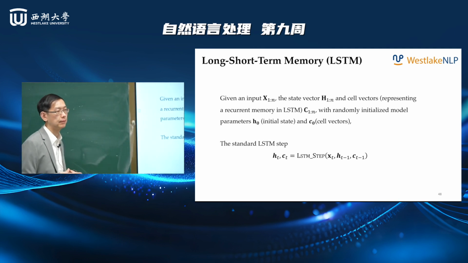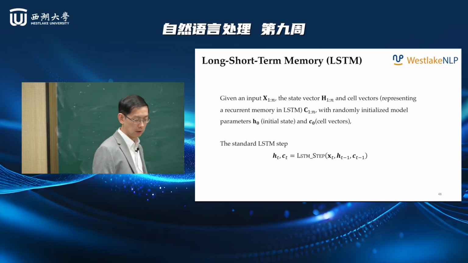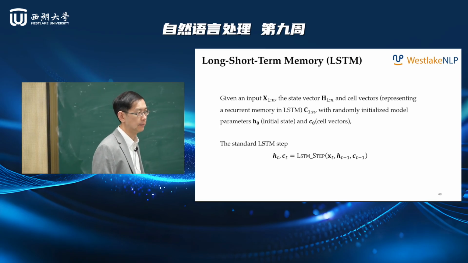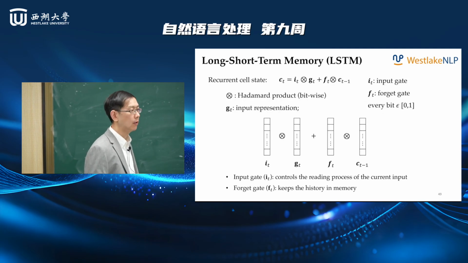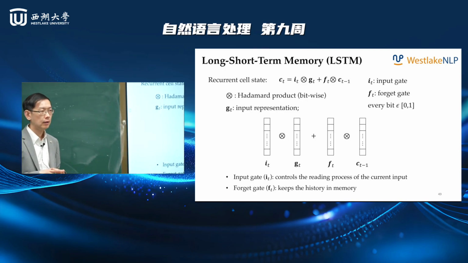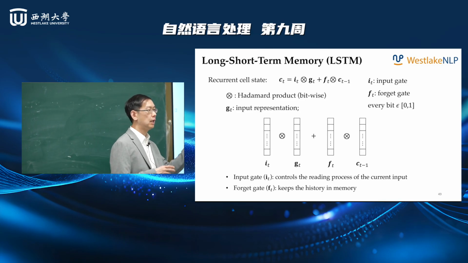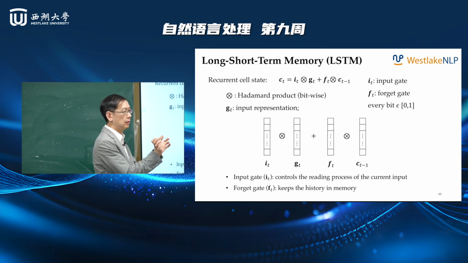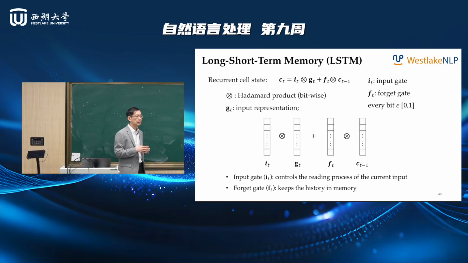Okay, both H and C. And as I talked about earlier, the recurrent state is on C, not on H. H is computed from C. The recurrent step uses gates, and I draw you a picture here, okay? It's not a simple composition of c_{t-1} and x_t with a single neuron. But it's sort of a gated combination.